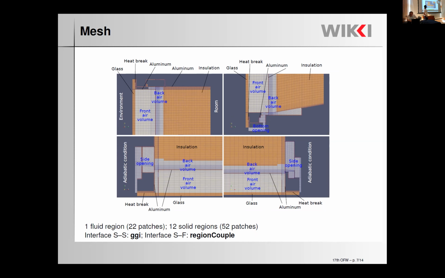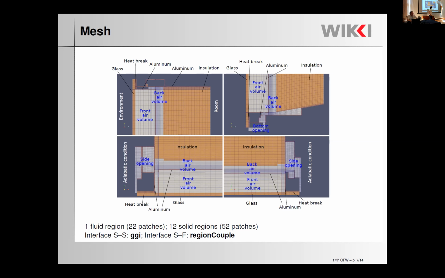The glass, of course, is interacting with the environment that is modeled by the Nusselt boundary conditions that I mentioned before. All the other sections at the top and at the bottom are made from aluminum, and you can see many openings. For example, the opening here, and there, also here.